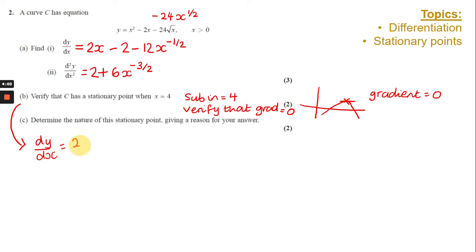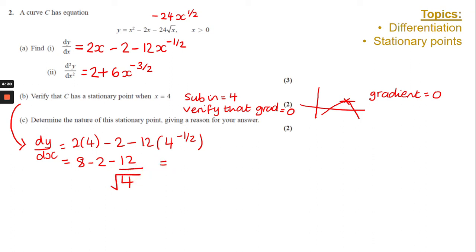So I'm going to have 2, substitute in 4, minus 2, minus 12, 4 to the power minus 1/2. So 2 times 4 gives me 8, minus 2, minus 12. Now because this is a negative power, it's going to be over 4 to the power 1/2, which can just be written as square root of 4.